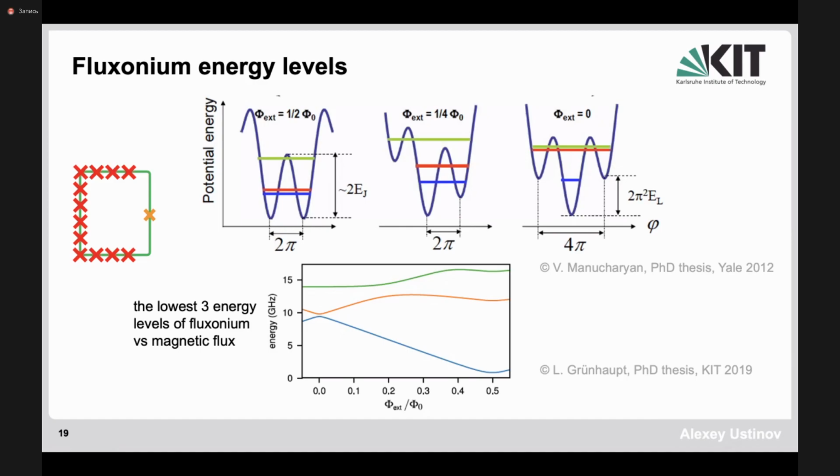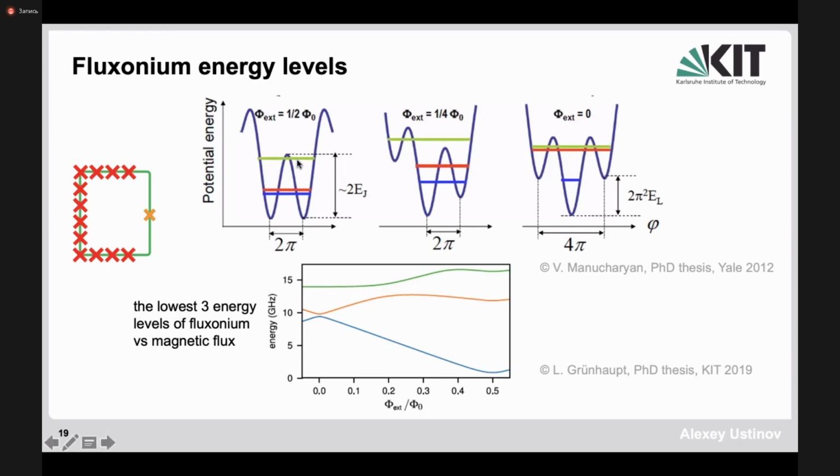Now, if you go to a flux of roughly 1/4 of flux quantum, then you make this potential asymmetric. But then there are low energy states, one of them a bit lower than the other, and there will be, of course, separation between those states, which is due to diagonalization of this complicated shape of the Hamiltonian.